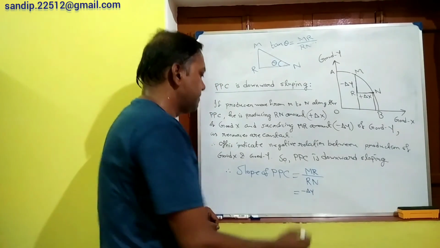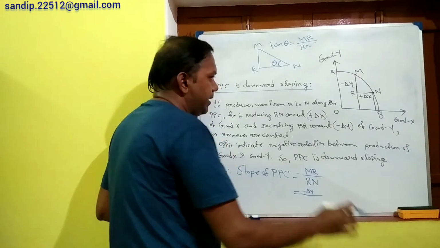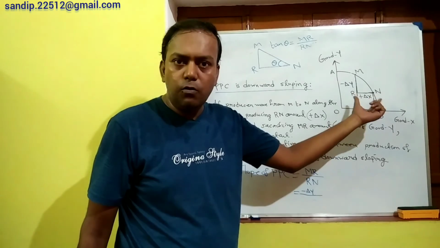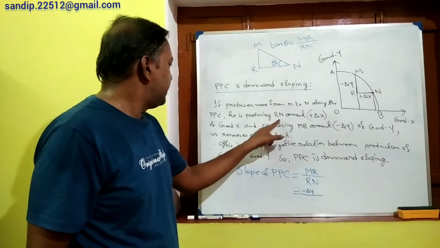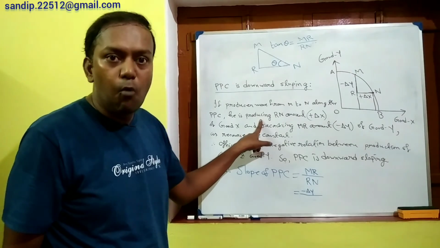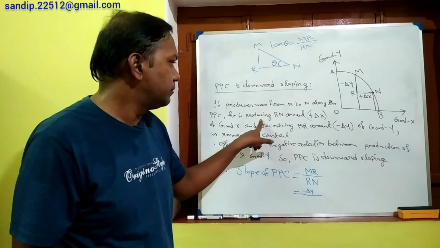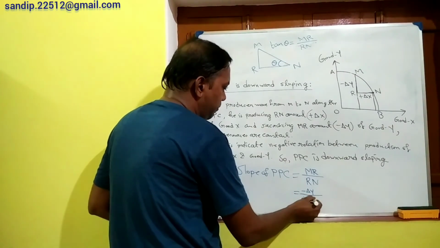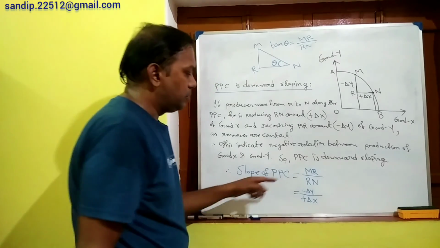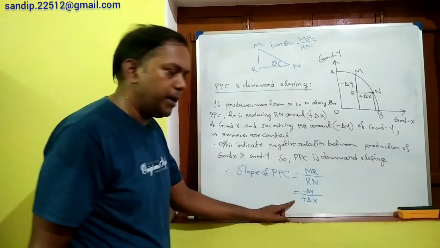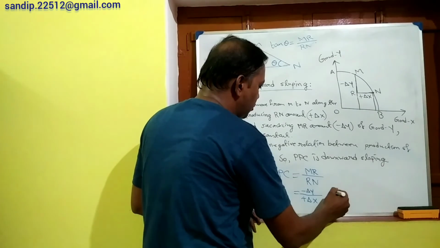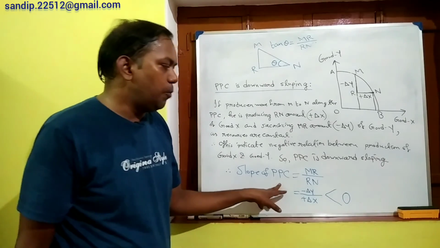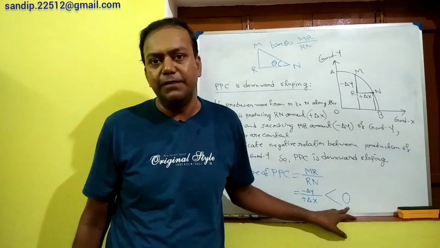Divided by Rn. What is Rn? It is the amount of good X that the producer is producing more, denoted by plus delta X, so this one will obviously be positive. So the numerator is negative, the denominator is positive, and obviously the total sign will be negative, meaning the slope of the PPC is negative.